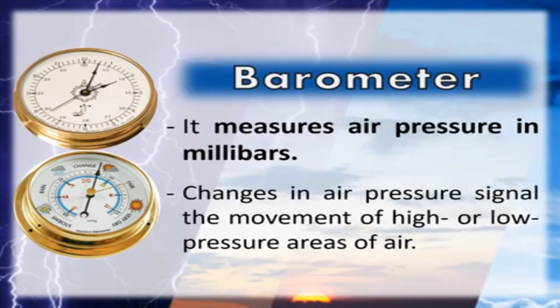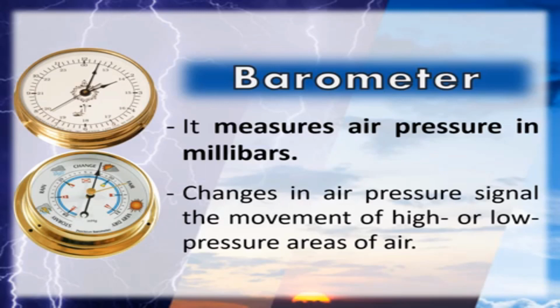This one is the barometer. The barometer measures air pressure in millibars. There are 2 types of barometers, the mercury barometer and the aneroid barometer. The mercury barometer is more exact than the aneroid barometer. However, because of its size and shape, the mercury barometer cannot be moved around.